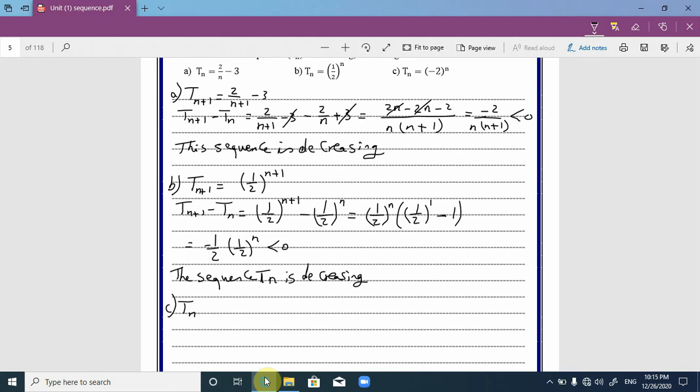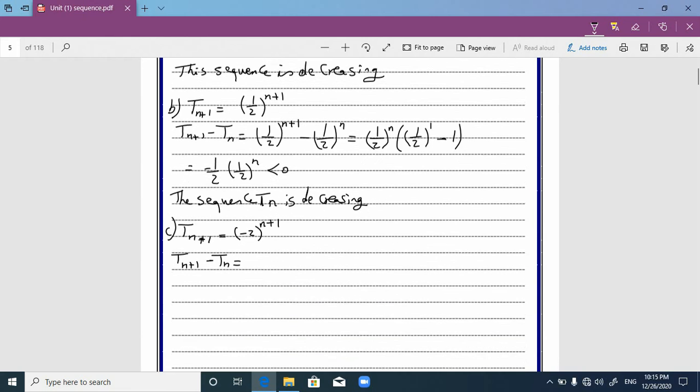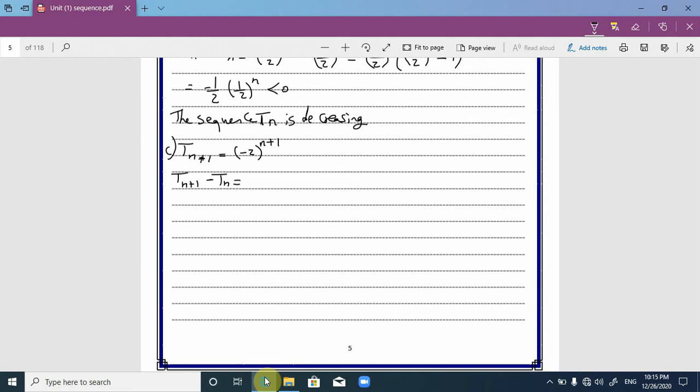We get Tn plus 1 equals negative 2 to the power n plus 1, and we form Tn plus 1 minus Tn, which is negative 2 to the power n plus 1 minus negative 2 to the power n.